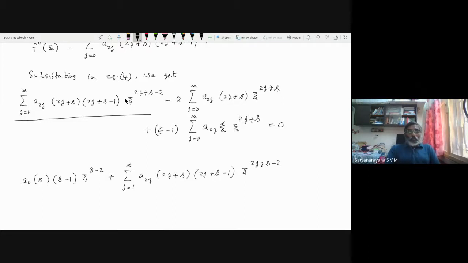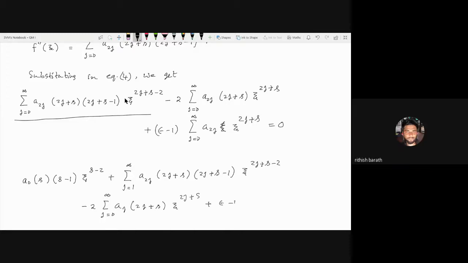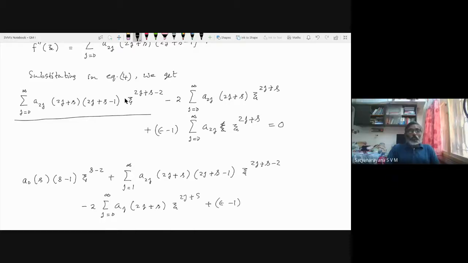That is the first term, and then the remaining terms are same. Minus 2 times the sum over j equal to 0 to infinity of a_2j, 2j plus s into xi to the power 2j plus s. Sorry, a_2j, not a_j. Plus epsilon minus 1 times the sum over j equal to 0 to infinity of a_2j xi to the power 2j plus s, is equal to 0.